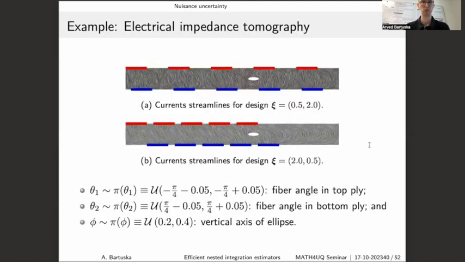Okay, so now what do these nuisance parameters mean? For our physical example that I had at the beginning, the electrical impedance tomography, now we can, for example, say that the fiber angles are parameters of interest, and the vertical axis of this exclusion may be a nuisance parameter. Maybe we don't care.